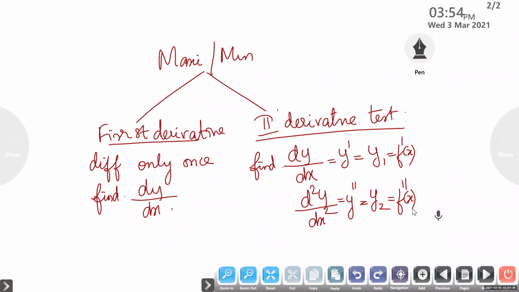In the second derivative test, what do you have to do, children? We will differentiate the given function twice. Before learning this method, let us practice some questions on how to find the second order derivative.